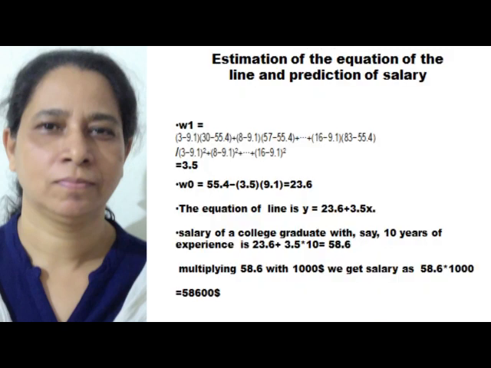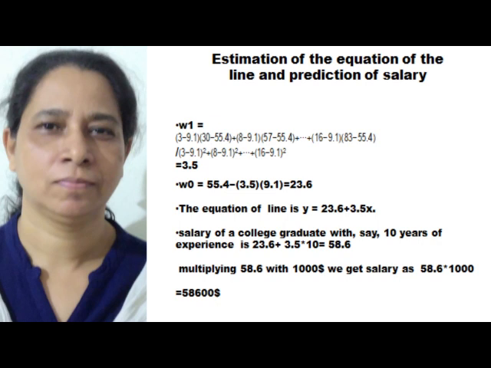We substitute these values into the equation for W1. So W1 is equal to 3.91 into 30 minus 55.4 plus 8.91 into 57 minus 55.4 plus etc., up to 16 minus 9.1 into 83 minus 55.4, divided by 3.91 the whole square plus 8.91 the whole square plus etc., up to 16 minus 9.1 the whole square.